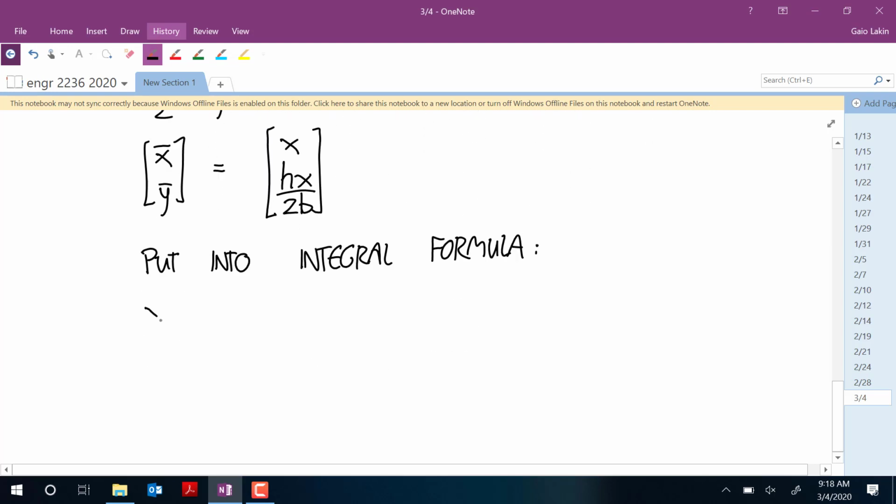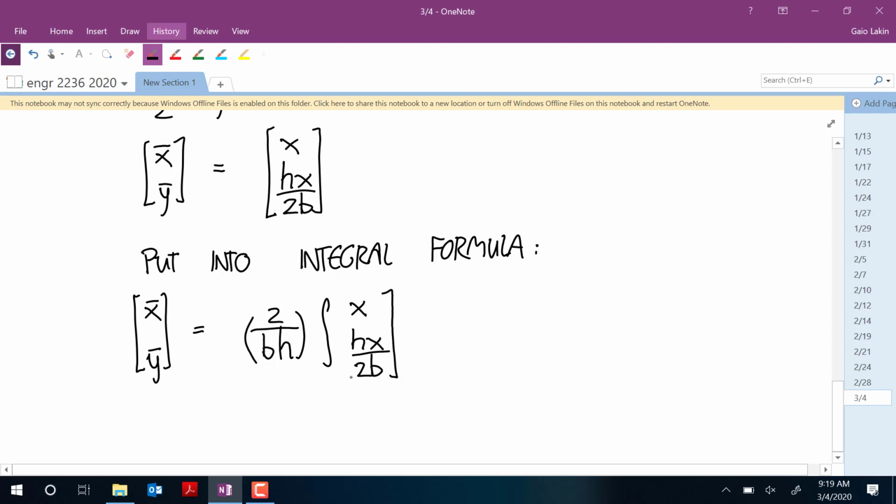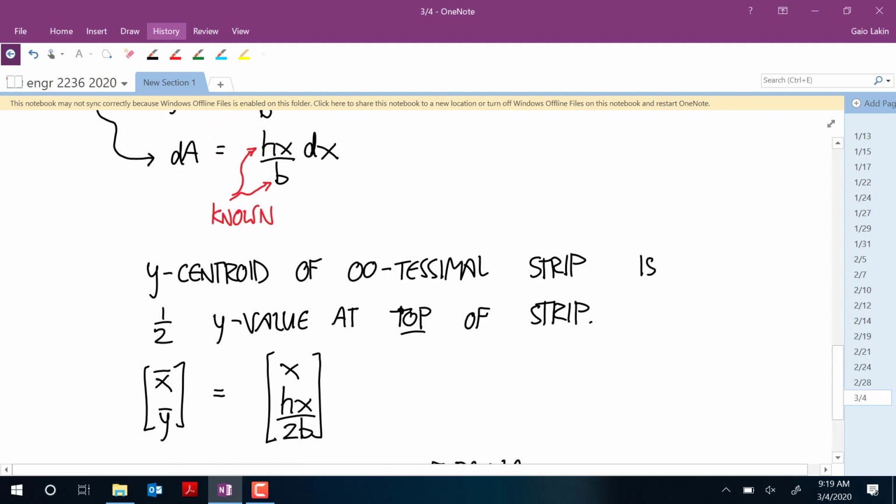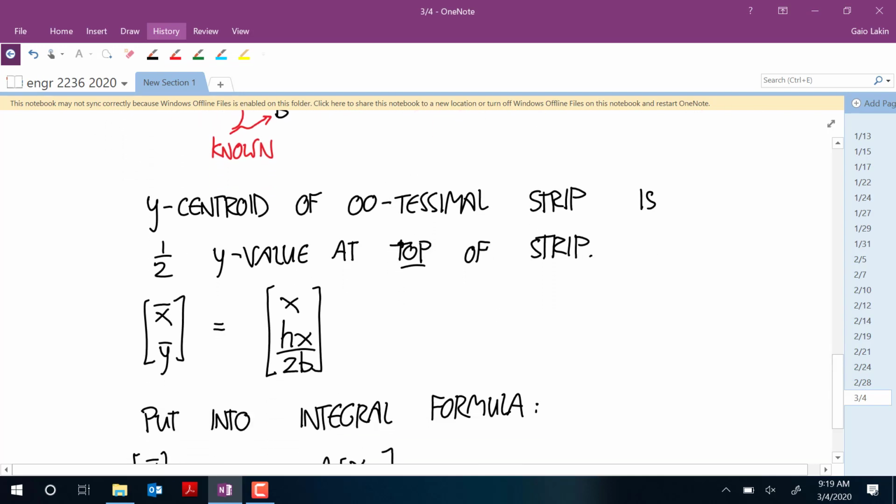And you get the centroid is equal to 1 over the area, that's 2 over bh, times the integral of the vector x, hx over 2b, times our dA, which is hx over b dx.